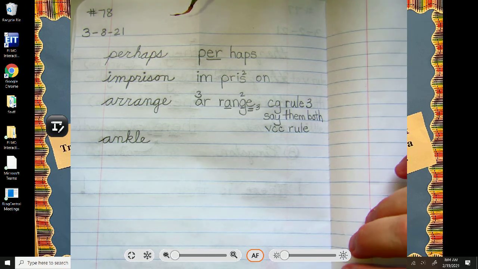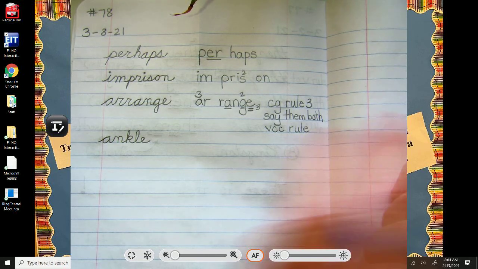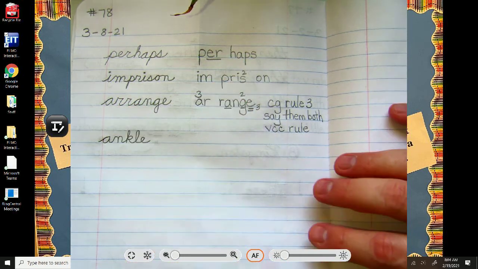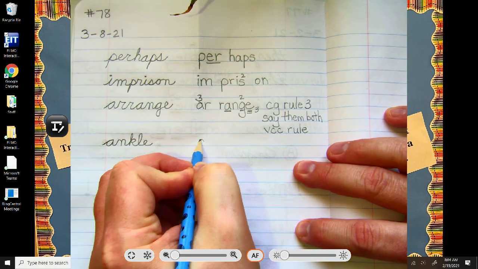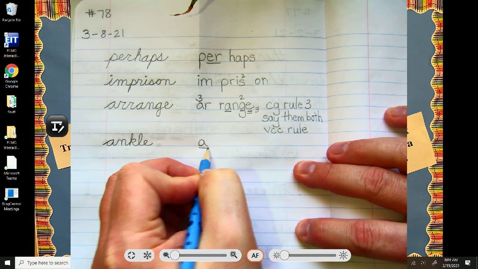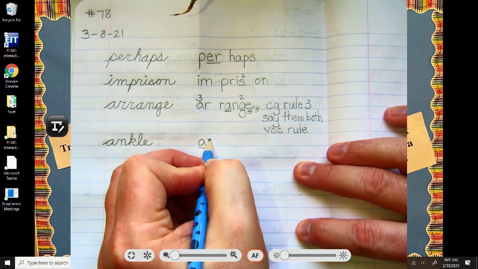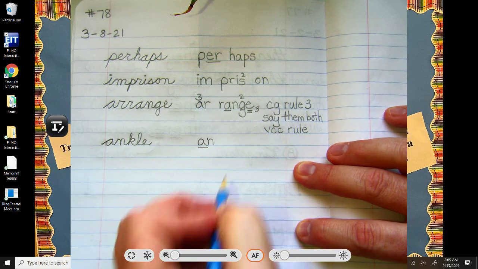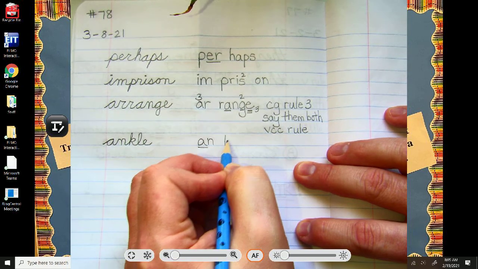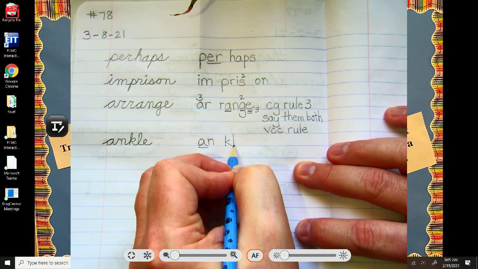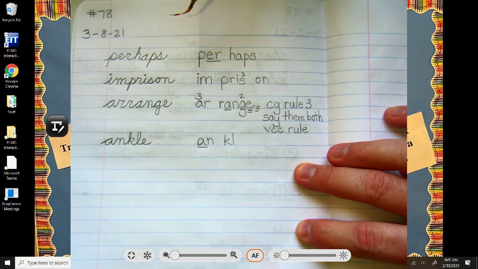Ankle has how many syllables? Right. Two syllables. A. Name sound of the a. And then finger space. K. Ankle.